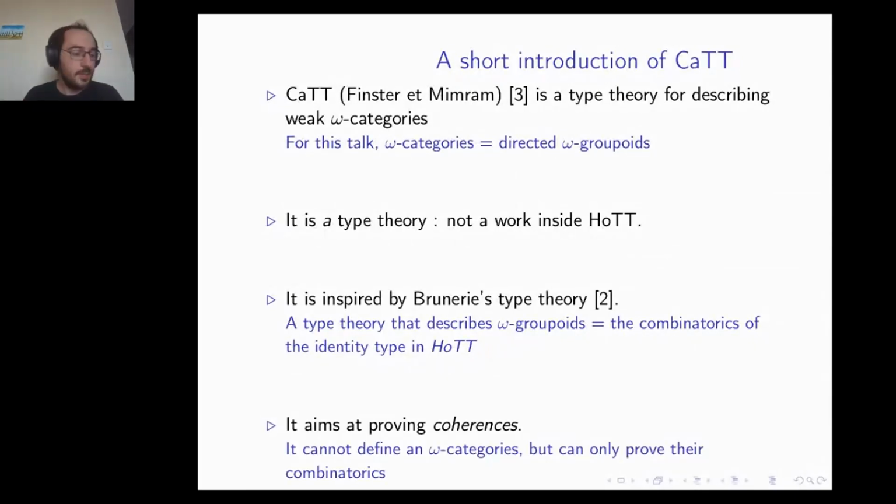And since it aims at proving the coherences of weak omega categories, you cannot, for instance, take this omega category and prove something about it. But you can instead state something like, for any weak omega categories with this and this and this cells, then I can compose it in such a way to get this result.